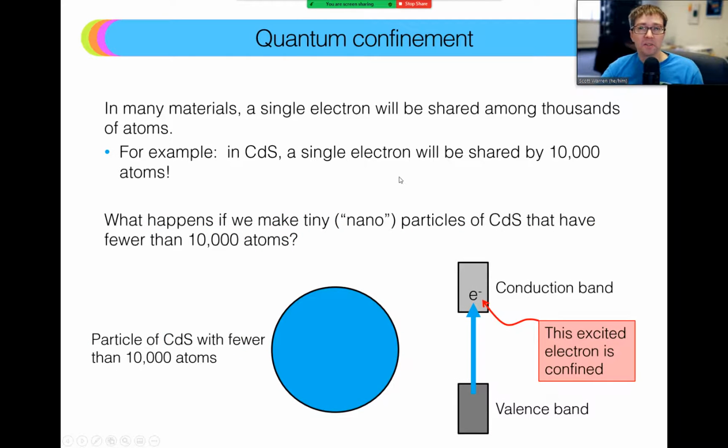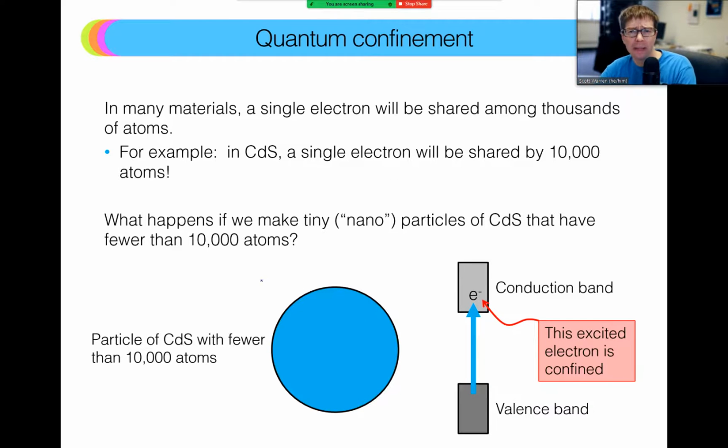Okay, so the thing that's really remarkable is that some materials share electrons so well that they will have a probability of existing on many thousands of atoms simultaneously. So you could think of that as essentially saying the electron has a physical size that extends over thousands of atoms.